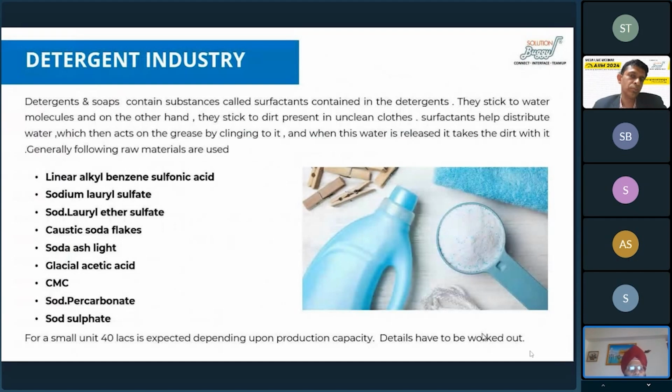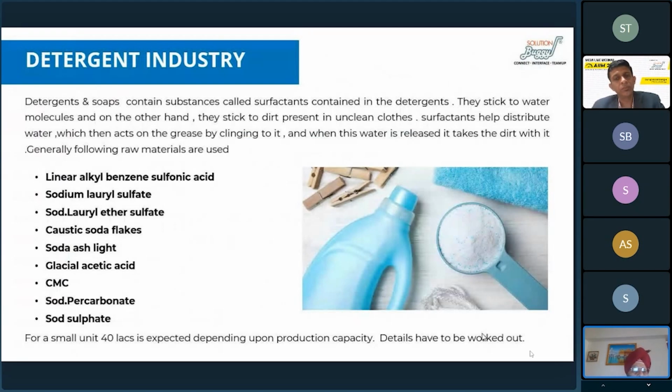Sodium lauryl sulfate is a foam creating substance and gives certain advantages to the detergents. Soda ash is an alkali only, and this is also required to some extent in the detergents.